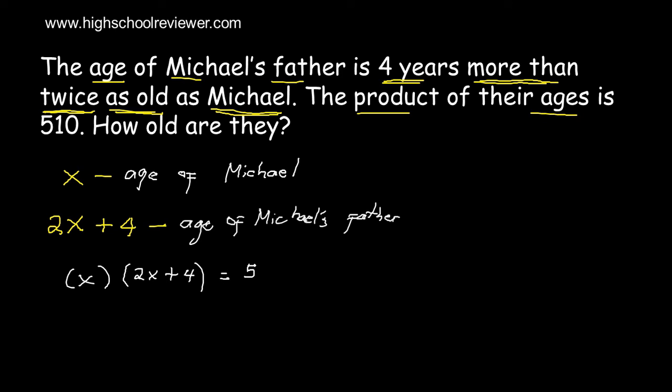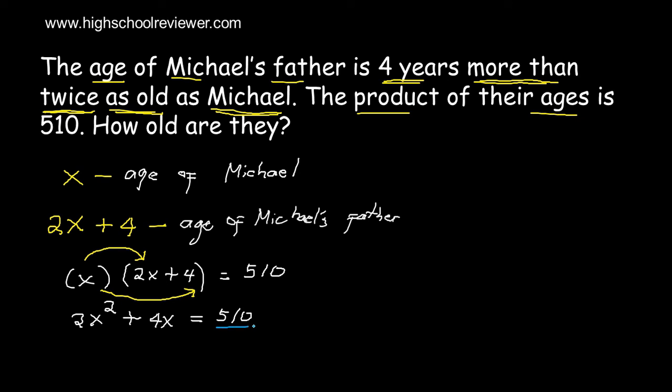We have x multiplied by 2x, which is equal to 2x squared. And we have x multiplied by positive 4, which is equal to plus 4x, and equals 510.